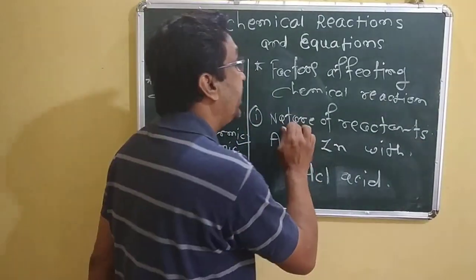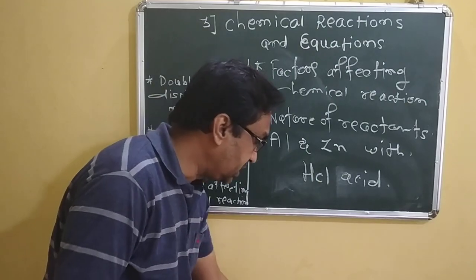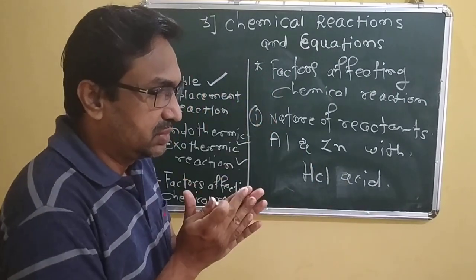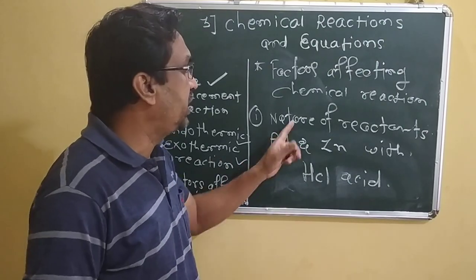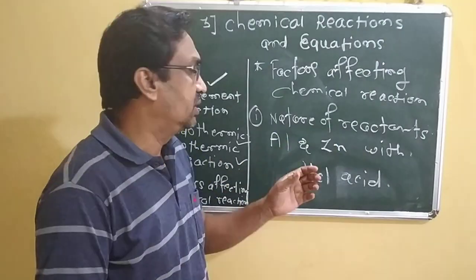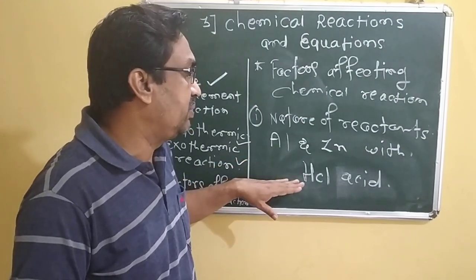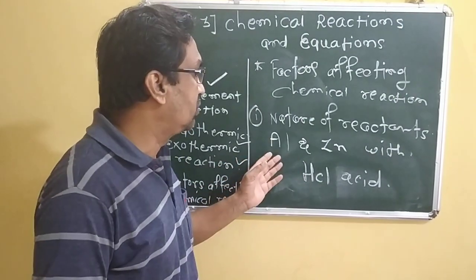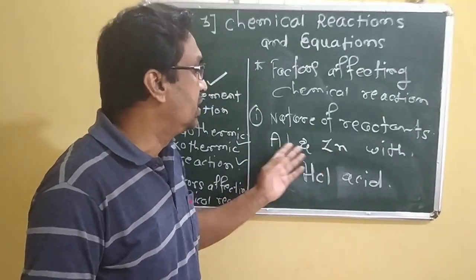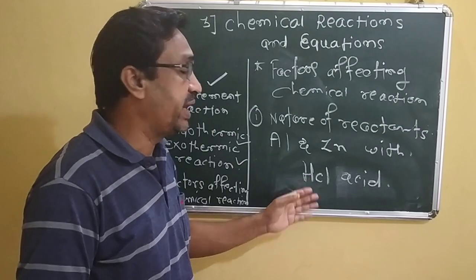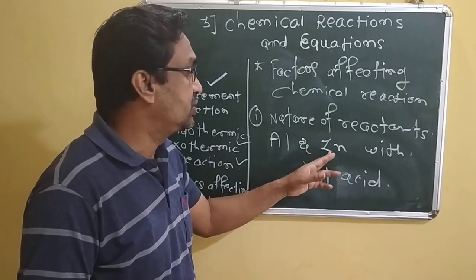So the nature of the reactant is most important. The rate of reaction depends upon the nature of the reactants, how reactive the substances taking part are. We know that aluminum is more reactive than zinc, so the reaction of aluminum with hydrochloric acid is faster in comparison with zinc.